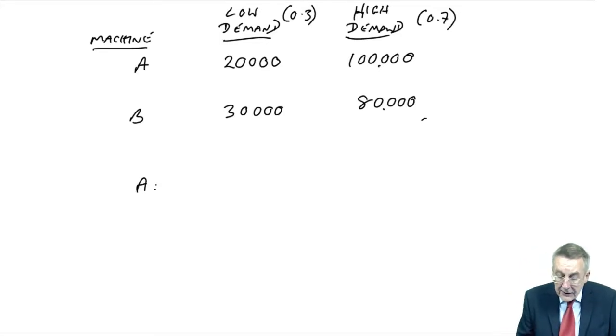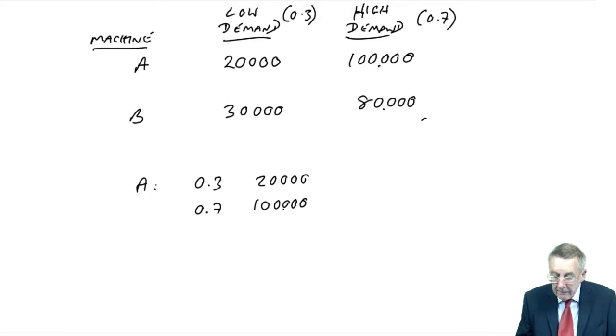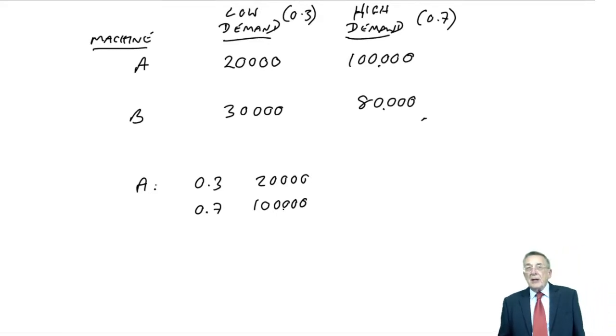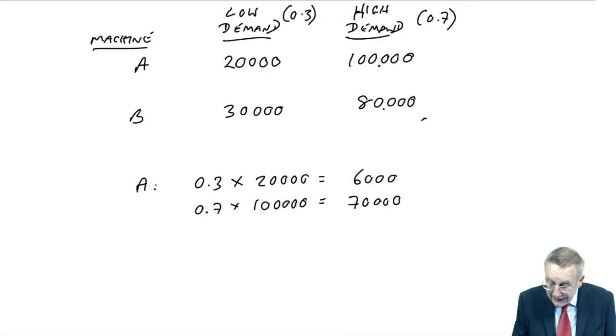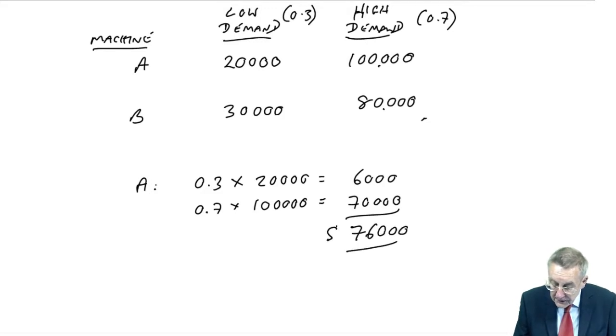For A, there's a 0.3 probability of getting 20,000 and a 0.7 probability of getting 100,000. Multiply together and add up: 0.3 times that is 6,000, 0.7 times that is 70,000. It's an average of 76,000.